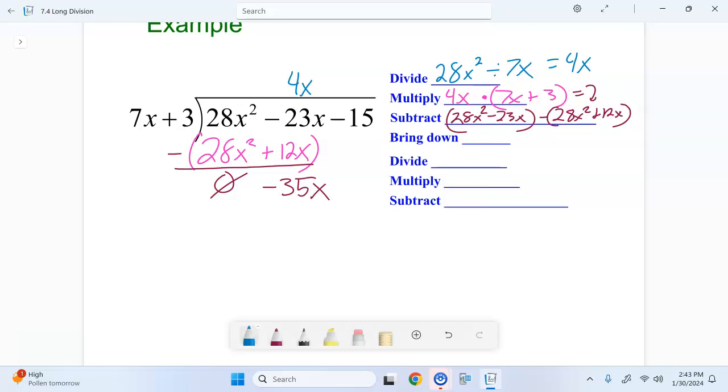We bring down the negative 15, and then we repeat the process. Okay? Bring down the negative 15, and then we repeat the process, and now we do division. Well, we have to do the division first. Negative 35x divided by 7x. Negative 5. And that's always been the same.